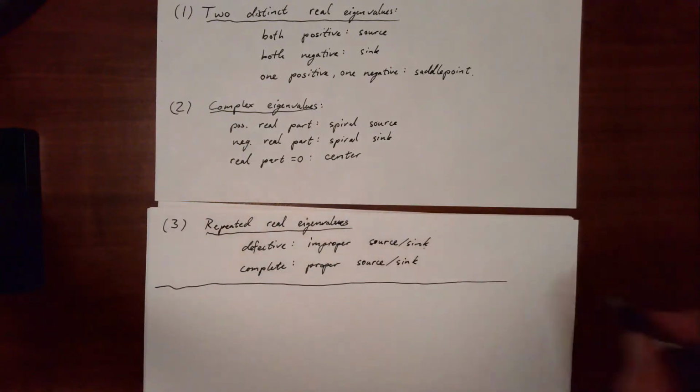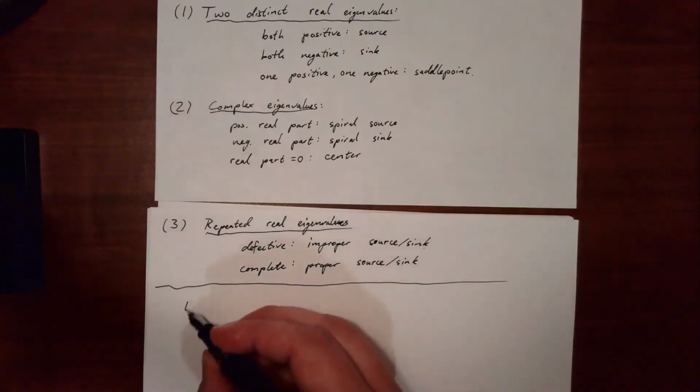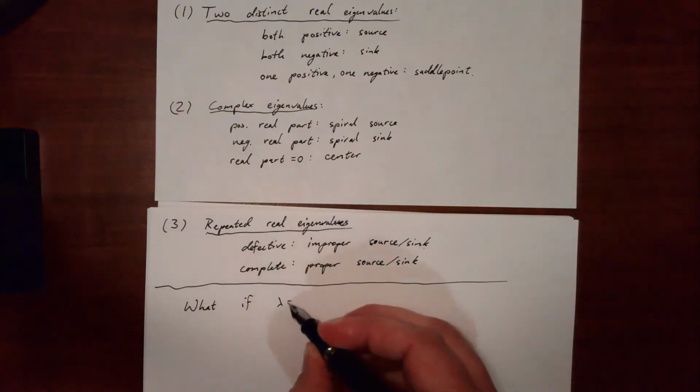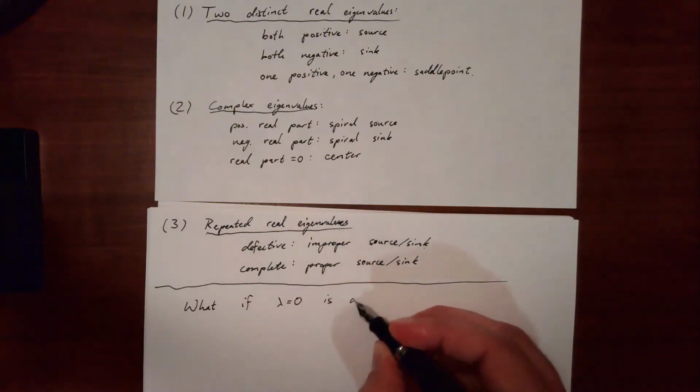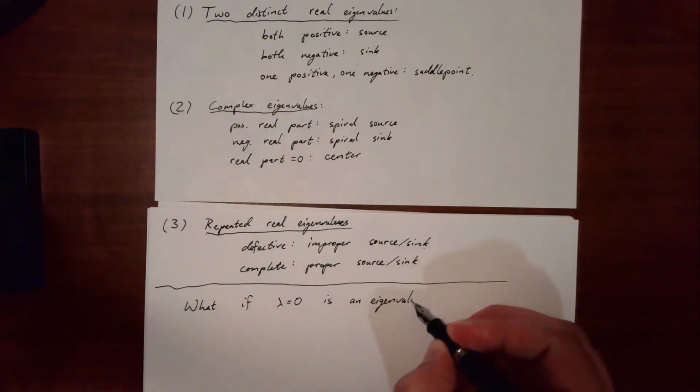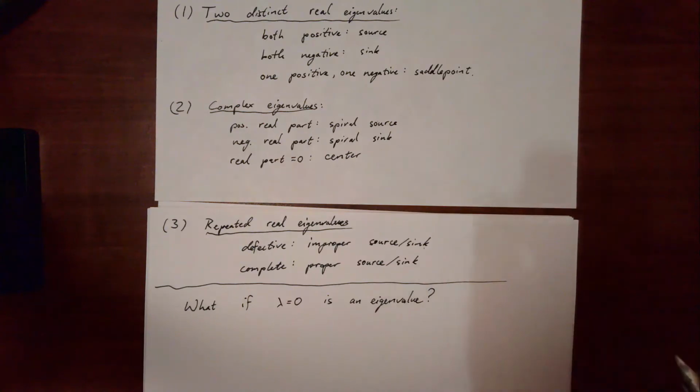But what if the eigenvalue is 0? That's not covered by any of these cases. What if lambda equals 0 is an eigenvalue?